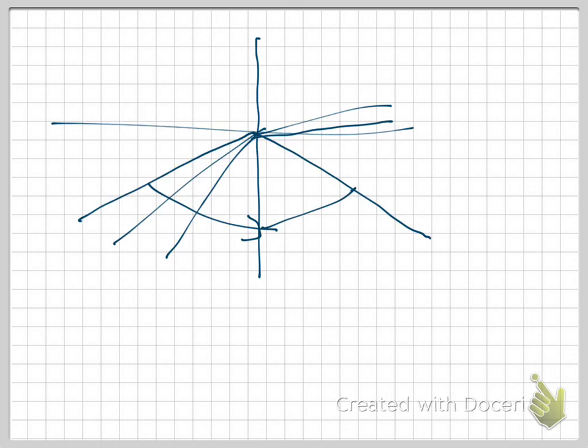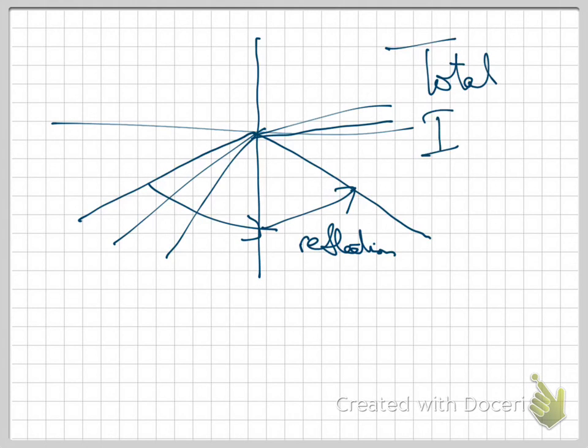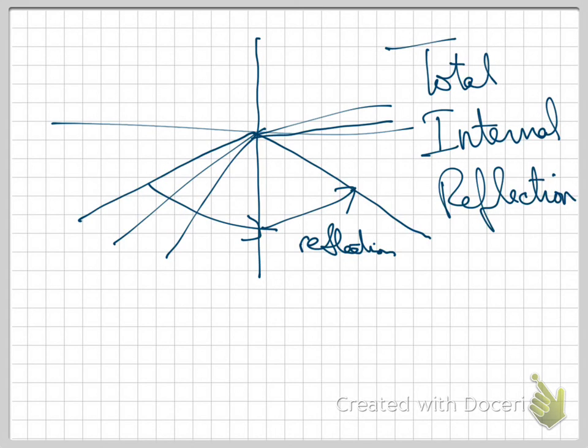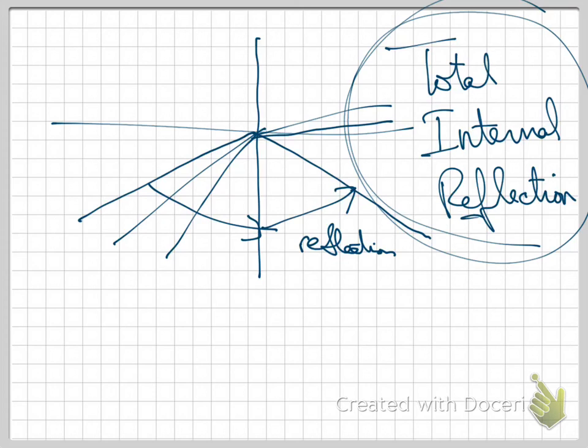So this angle and this angle will be the same because it's a reflection. This is known as total internal reflection. The light's trying to bend so much that it doesn't refract anymore, it reflects. So this is a refraction phenomenon, but it turns into a reflection.